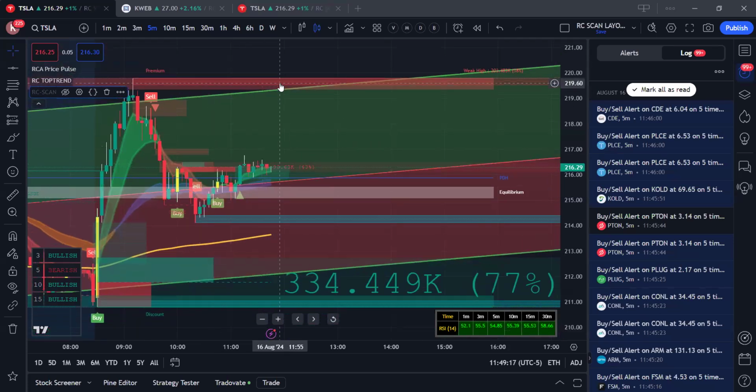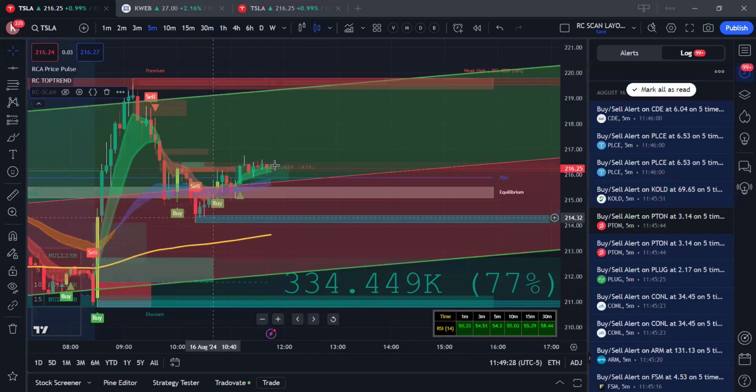We should see 219.6. If it breaks this, then it can go all the way to 219.6, and that's why we took the calls for the next week. Right? We took a bull put spread. If it goes above 217.5, then all the premium we collected will be completely ours.